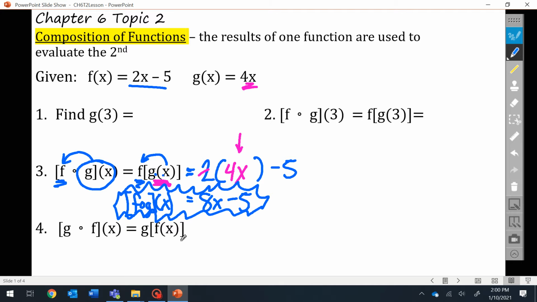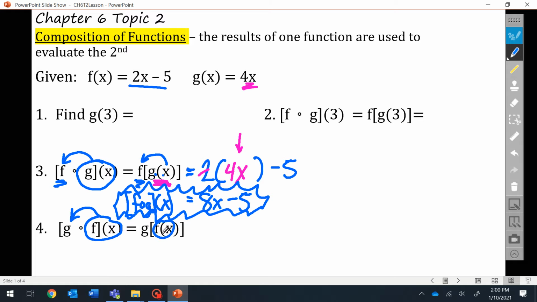Now, order is important. There's no such thing as the commutative property for composition. You can't change the order and preserve equality. So if we look at number 4, g compose f of x, it's different from f compose g of x. This represents the f function being placed into the g function.